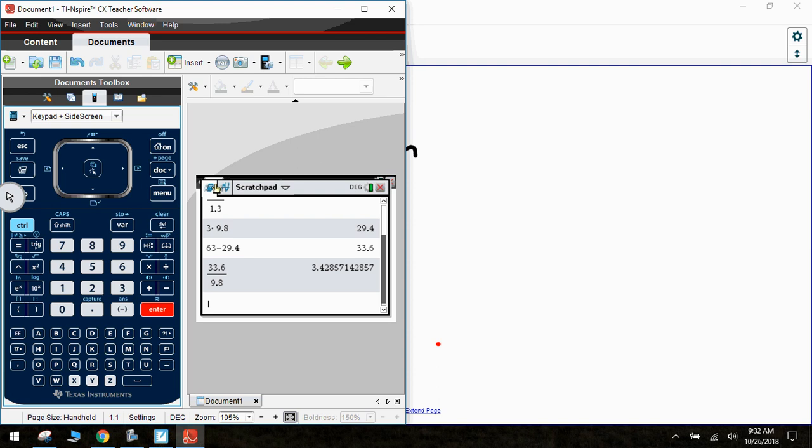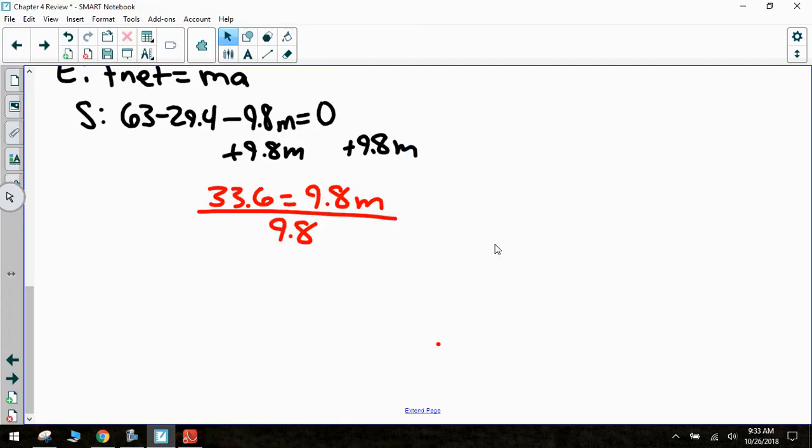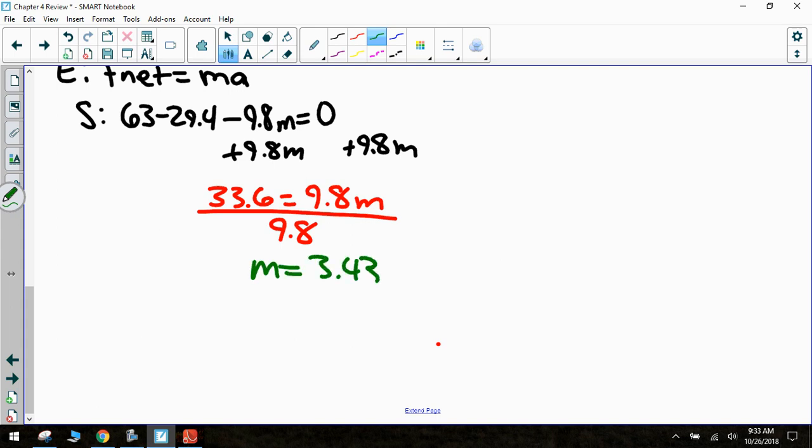How many sig figs am I supposed to have? 3. We had 3 for our last answer, so we should have 3 for this answer. Make sure you don't mess up your sig figs on the test on Monday. That rounds this to 3.43. So M equals 3.43 what?